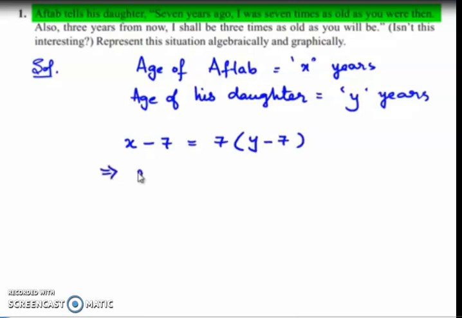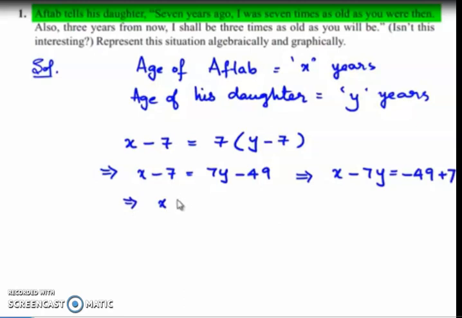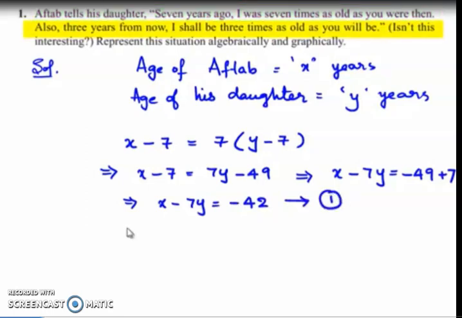So x minus 7 is equal to 7 into y minus 7. Simplifying the equation, I will get x minus 7y is equal to minus 49 plus 7, that is x minus 7y is equal to minus 42. This is my equation number 1.